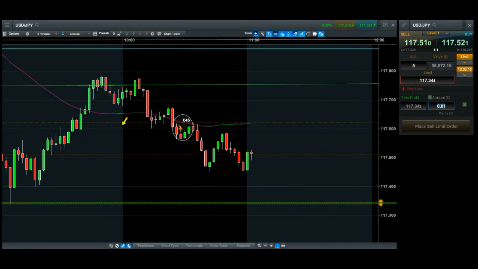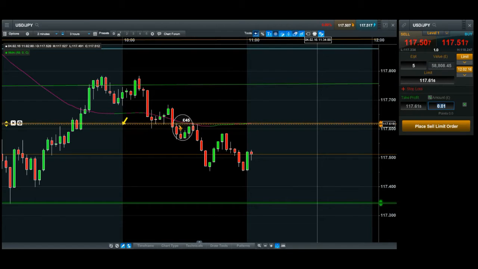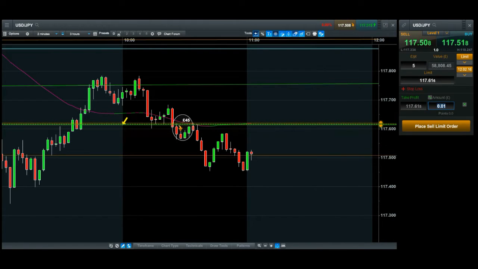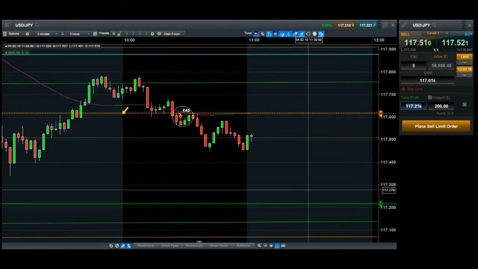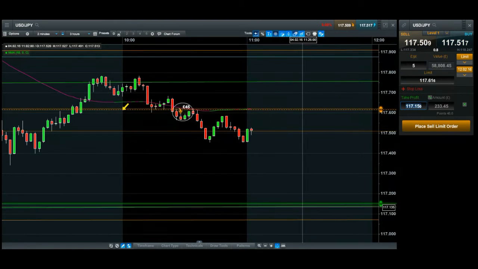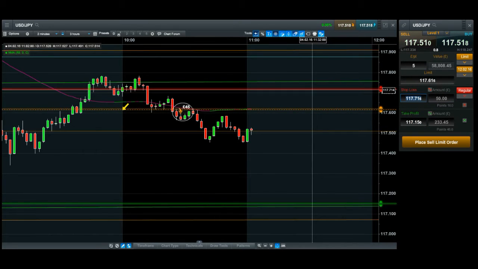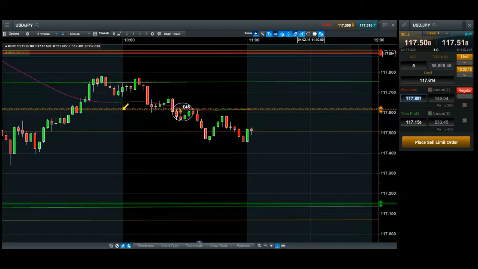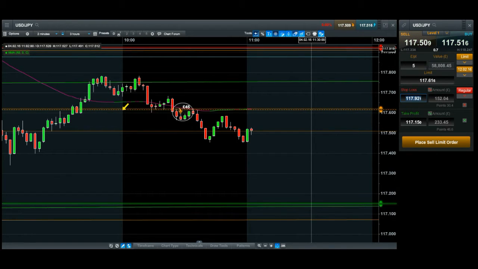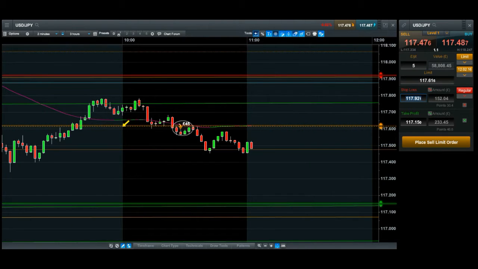I'm going to set my profit take at the green support area at the bottom, and then I'm going to set my stop loss at the same place as I did early on. Just let me move it down a bit. Okay, all set. And here's the stop loss just above the previous high. Okay, just about there. It's all done.